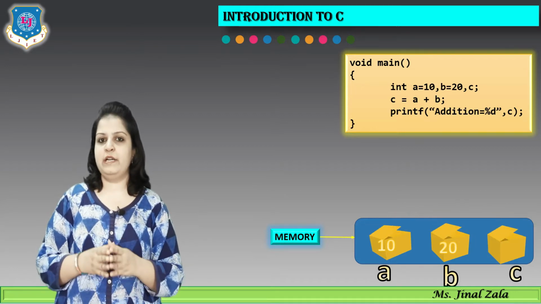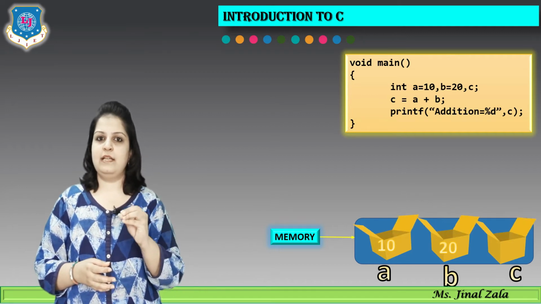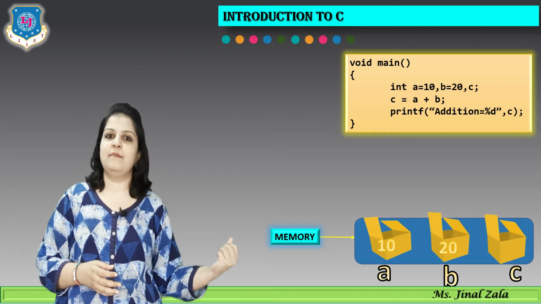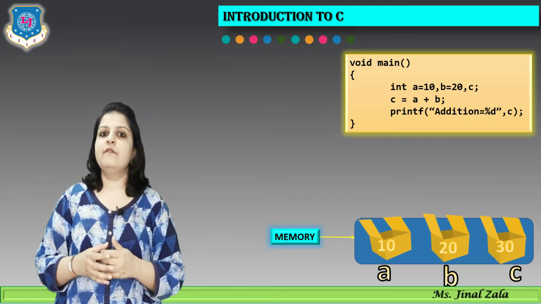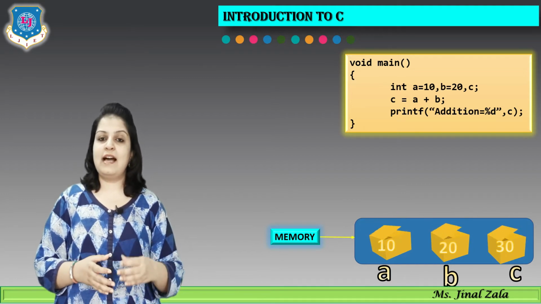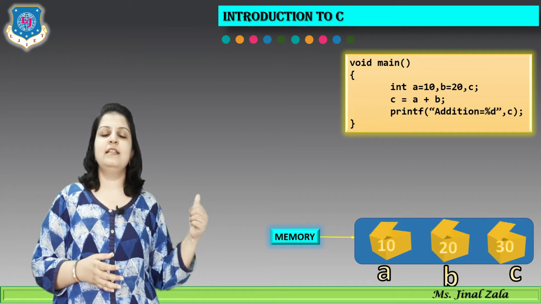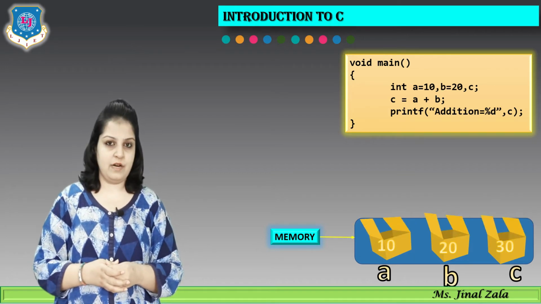Plus is one arithmetic operator. When this statement executes, 10 plus 20, 30 will be stored in C, which you can also see in the memory. And when we write the printf statement, we can print the answer of the addition on the screen. So this is the sample program of C.